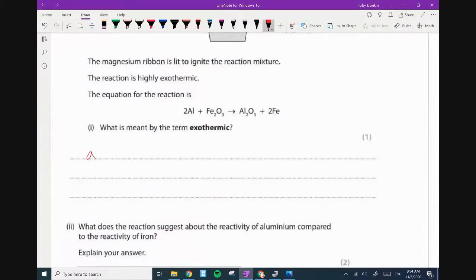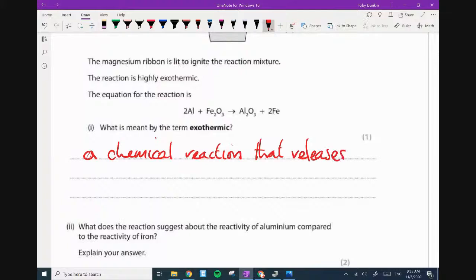A chemical reaction that releases heat energy to the surroundings. You can decide whether or not you want to give yourself that mark.